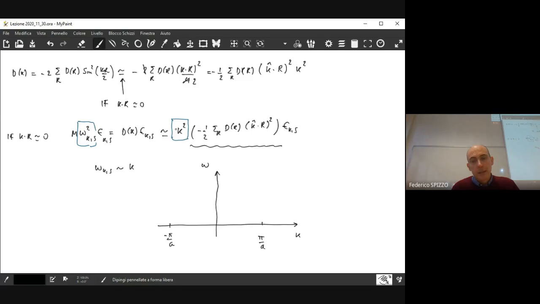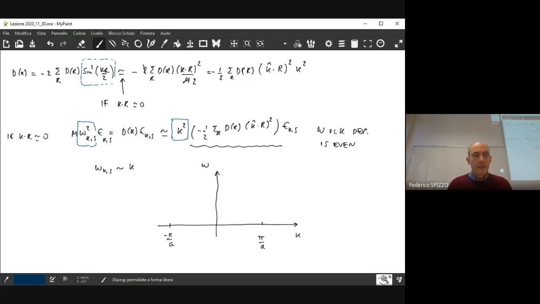If the dependence is on k squared, that means that the omega versus wave vector dependence is even. And this can also be observed here if you notice this sine squared.